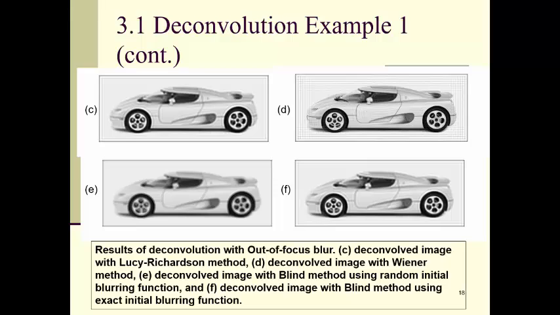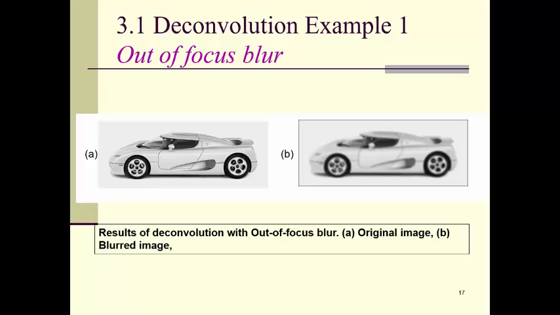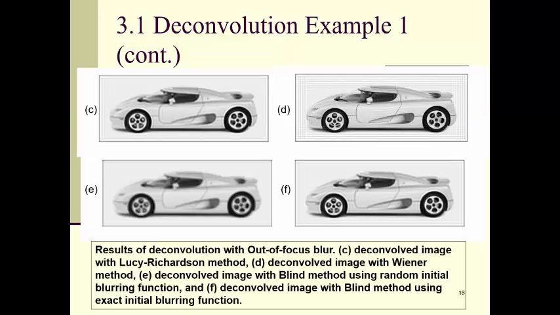So here we have an original image, which is this one. This is the degraded image. I assume that I have this image now. This is the image that I want to restore. And these are the results of applying the three techniques. This is the Lucy-Richardson, this is the Wiener, and this is the blind deconvolution in two cases. In the first case, I'm assuming that I have a certain h that was chosen randomly.